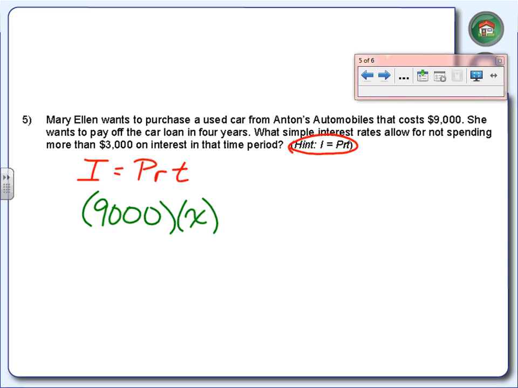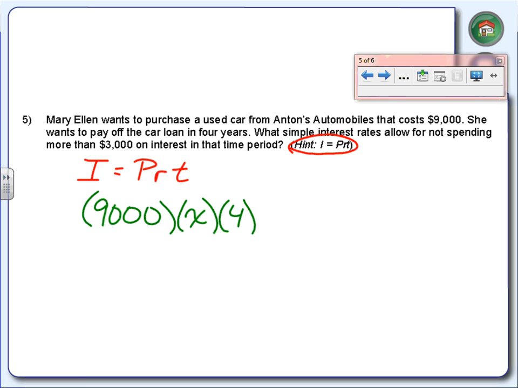That's what we're trying to find out. T represents time, represented in years. And we're talking about paying off this car loan in 4 years. So we're going to use 4 for T. So when I multiply the price of the car times the interest rate times 4 years, that's going to give me how much interest I have to pay.